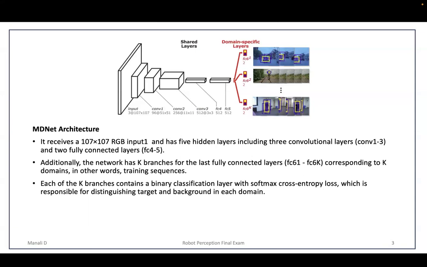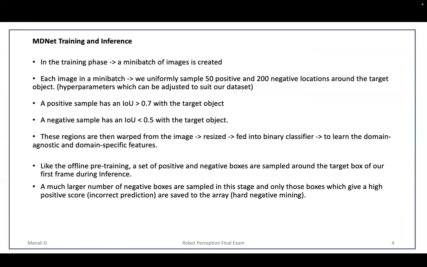Each of these branches contains a binary classification layer with softmax cross entropy loss that is responsible for distinguishing between the target and background in each domain. This network is trained iteratively over the k domains, and then it learns to classify between the target and the background.